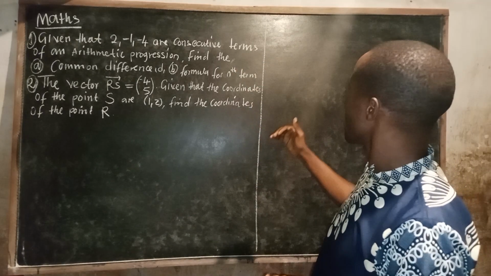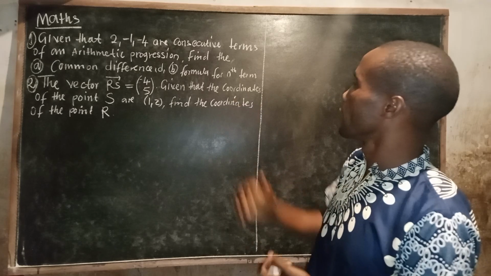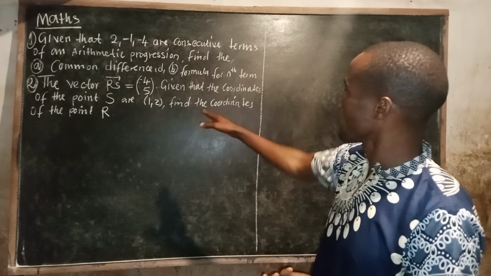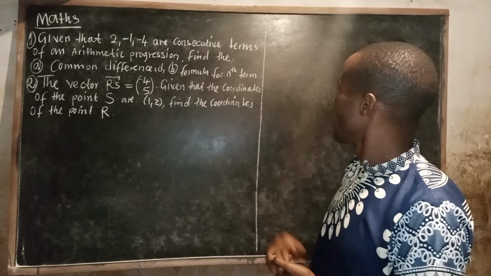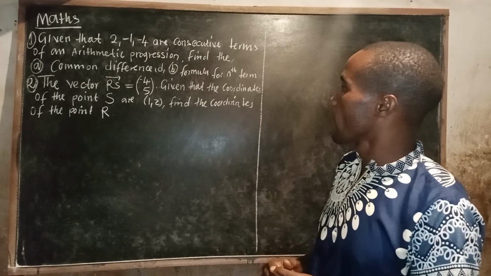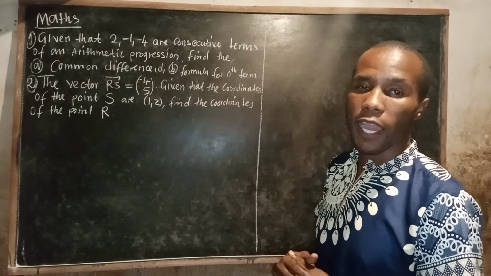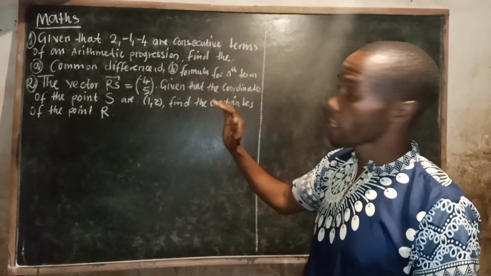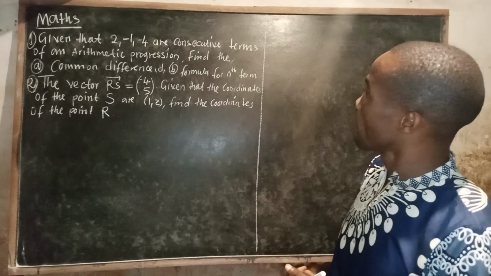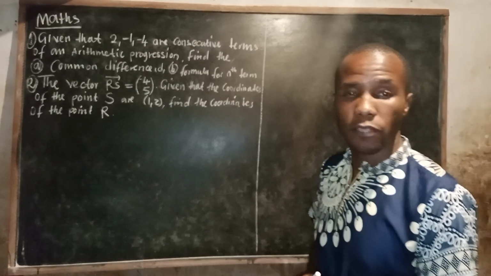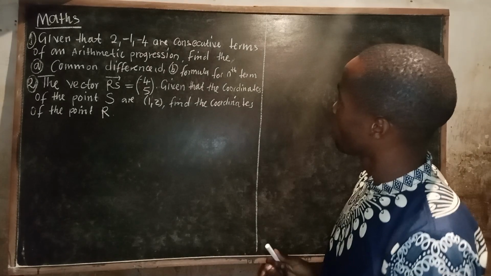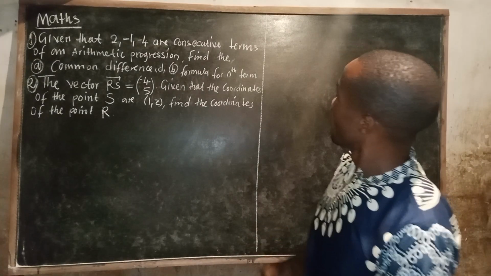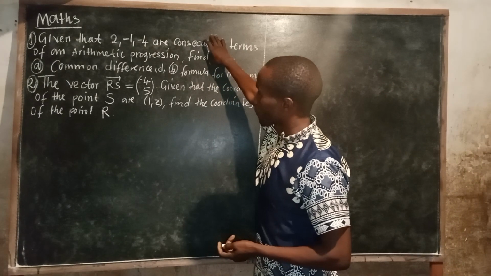Given that the coordinates of the point S are (1, 2), find the coordinates of the point R. Okay, so let us quickly start with the first question and see how best we can find the answer.